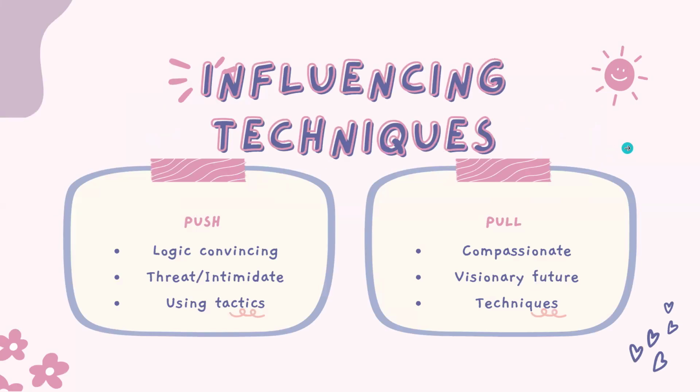While in pull, the influencer may conceal his intention, and may instead try to befriend the other party, and then induce them into the agreement. So push is short term and direct, while pull is long run and more indirect.